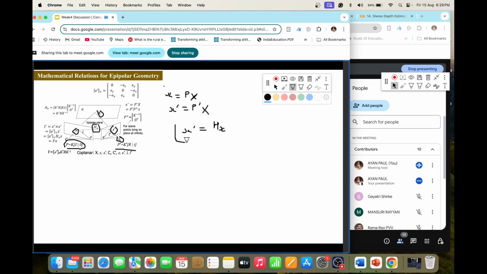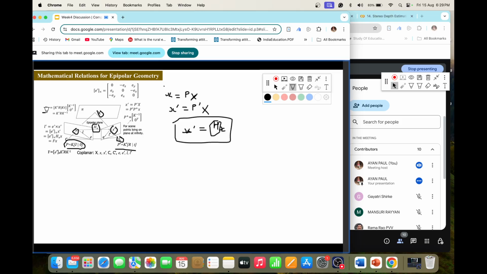So this we also know. Here also you can see there is one x dash and one x. So definitely there will be a homography matrix H that will be transforming x dash to x, or vice versa. Here x will be converted to x dash by a homography matrix H pi.